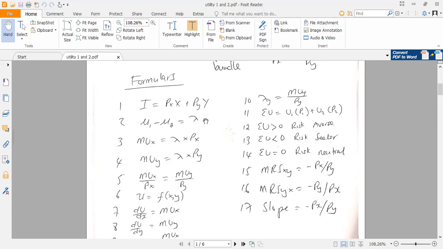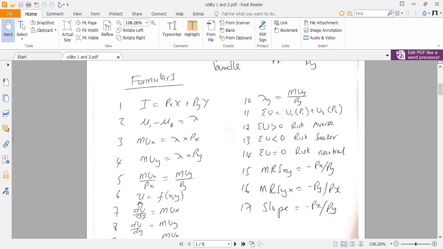That is called lambda. So lambda times the price of X gives you the marginal utility optimum for X. The lambda multiplied by the price of Y gives you the optimum marginal utility of Y. Then if the marginal utility of X divided by the price of X is equal to the marginal utility of Y divided by the price of Y, that is the optimum bundle.